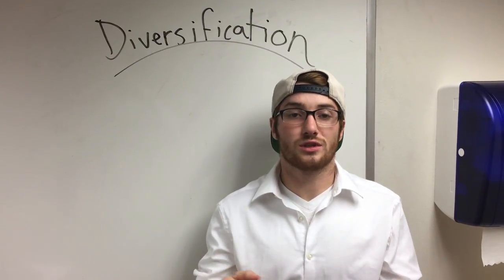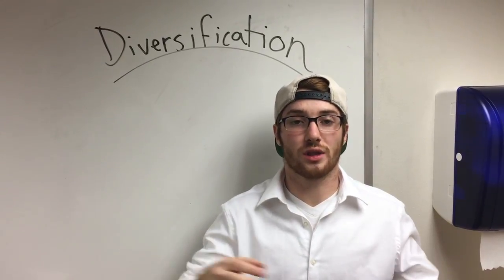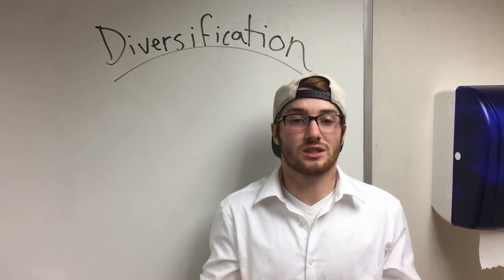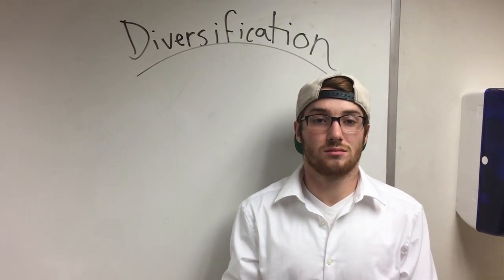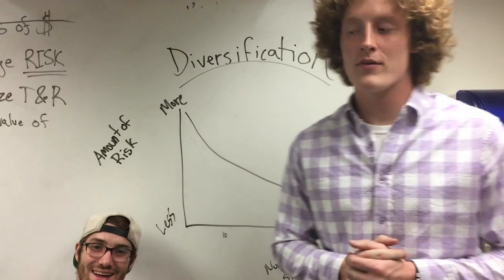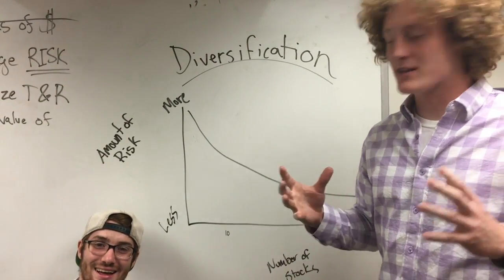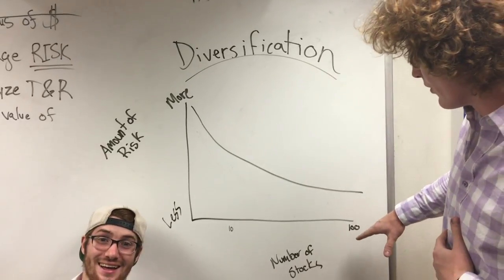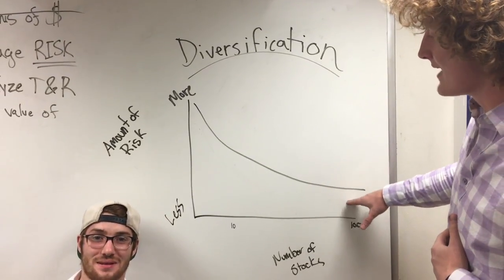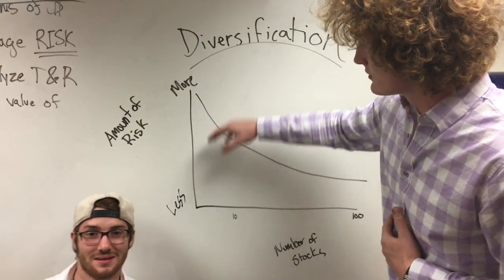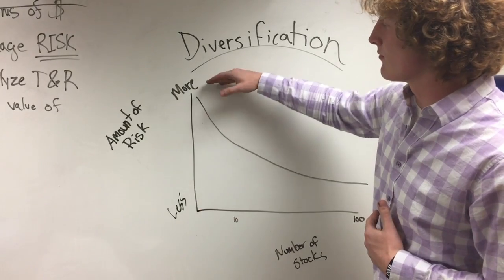Diversification is the reduction of risk by having a larger amount of smaller unrelated risks. So it's basically saying don't put all your eggs in one basket. So going off what Mason said, with the all eggs in one basket scenario, say if you have 100 different types of stock, you're going to have less risk. If you were to have one stock, you're going to have more risk.